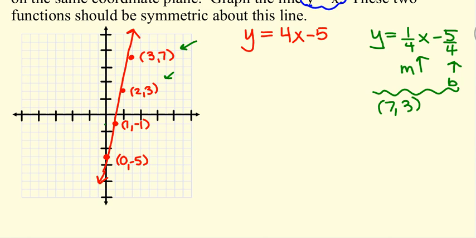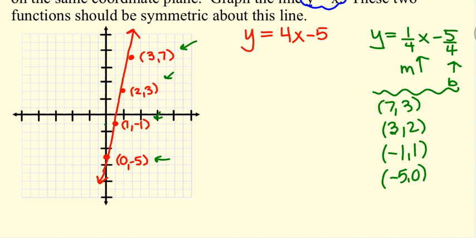This one here would be 3, 2. The next one, -1, 1. And then this one here, -5, 0. So it gives us some nicer points than doing that approximation of the slope and y-intercept.